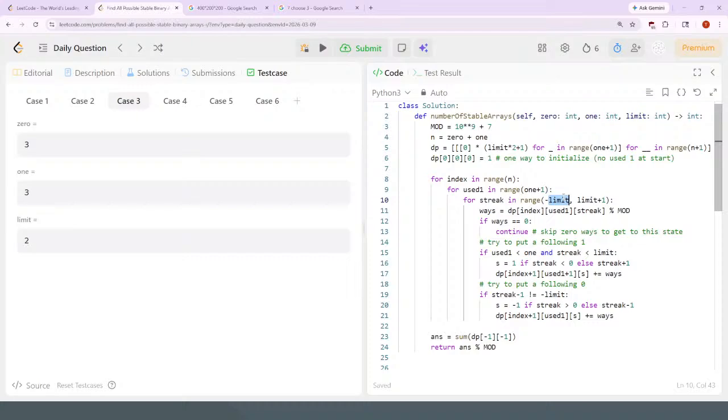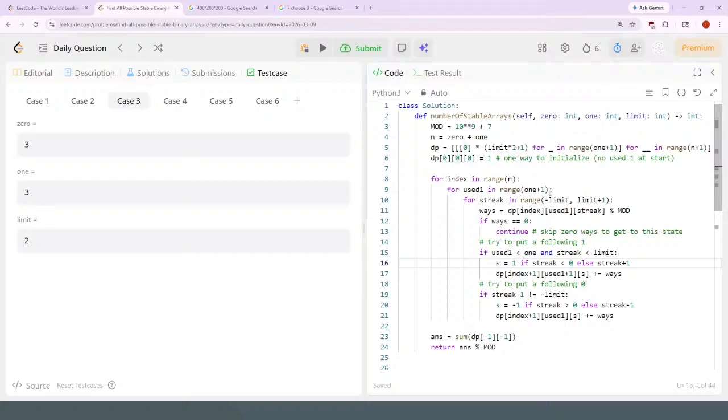I can cap out at negative limit and then go +1, or I can cap out at positive limit and go to -1. A cap on a streak of zeros and then goes to 1. A cap on the ones and it goes to 0. Streak is less than limit. S is equal to 1.